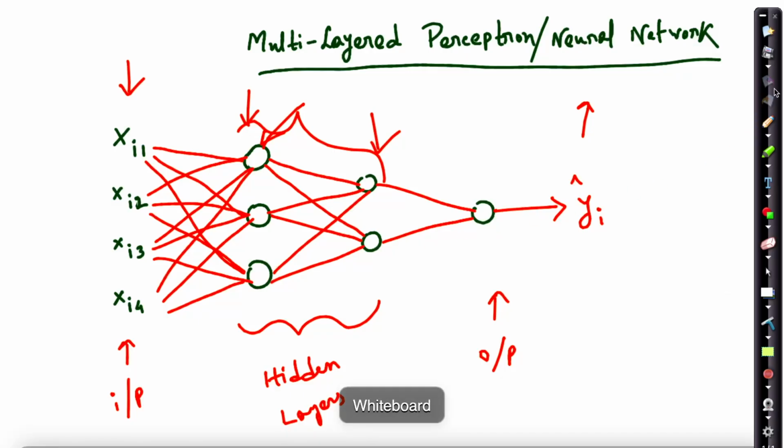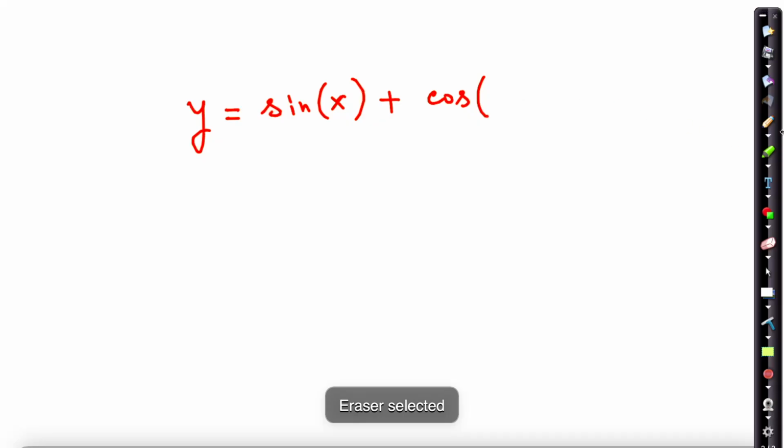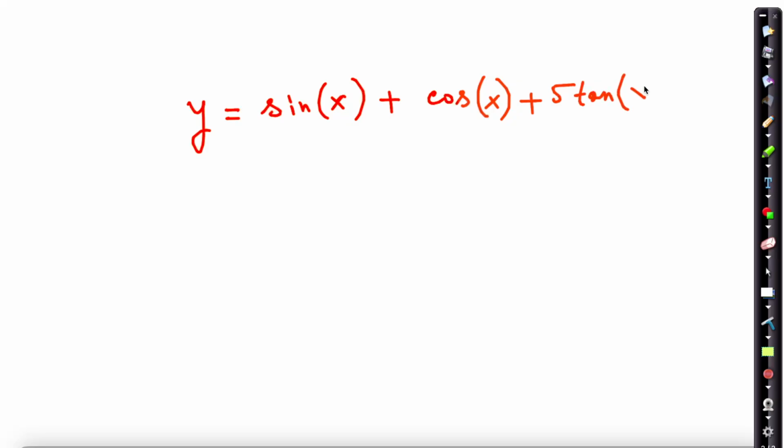For example, let's say I have a function y equals sine of x plus cos x plus 5 into tan square x. Let us say this is the function.